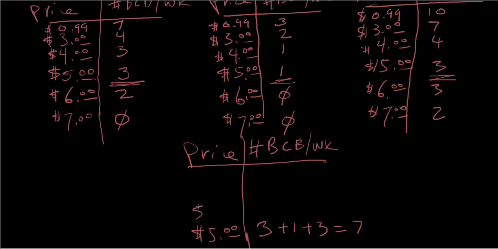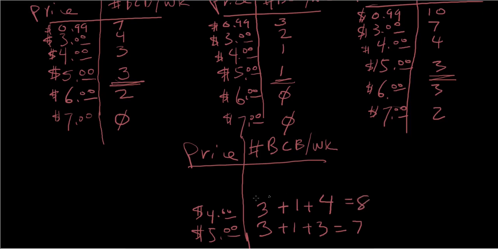If it's $4, then do the same thing: 3 from John, 1 from Julie, and 4 from Tom. So 7 and 8.